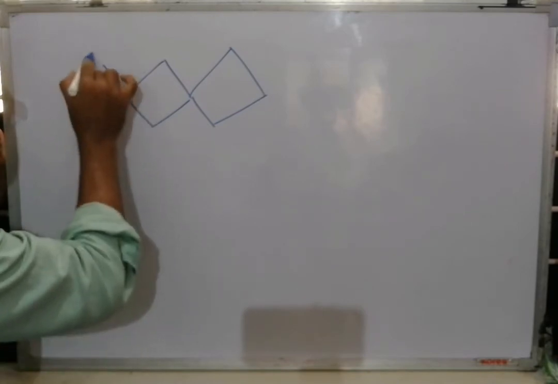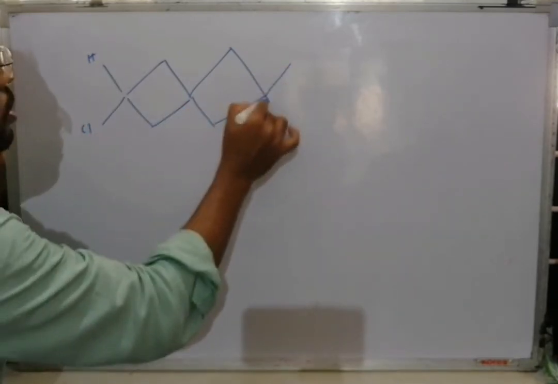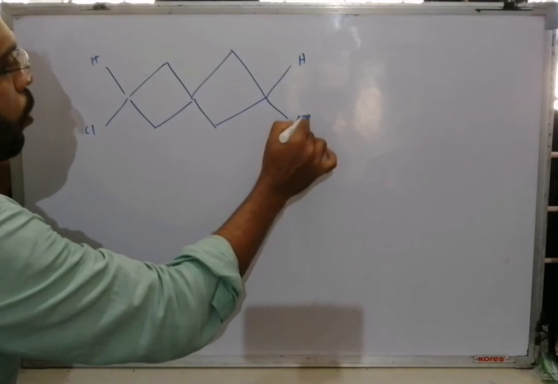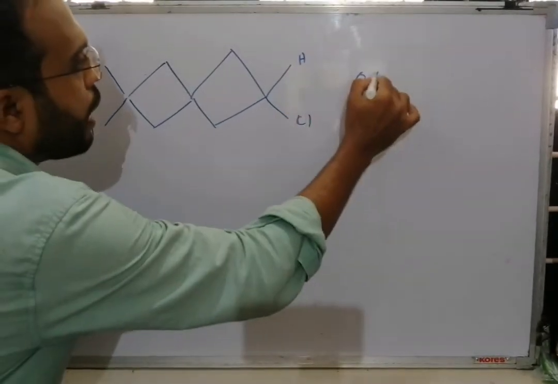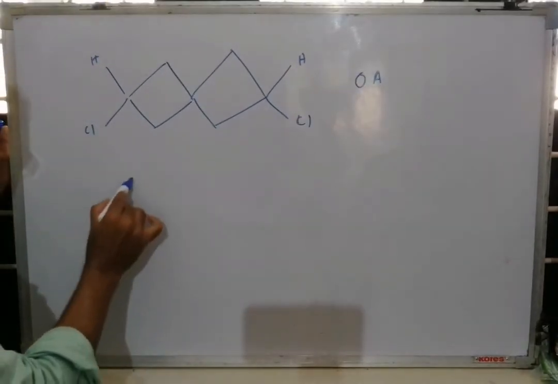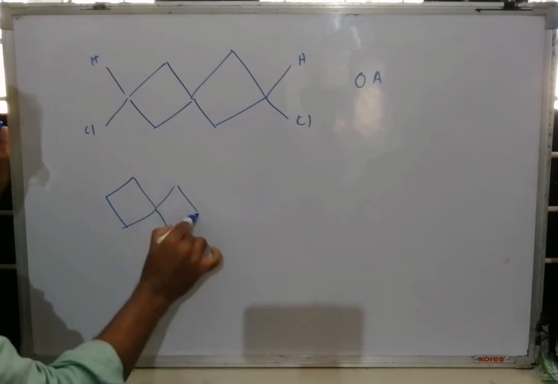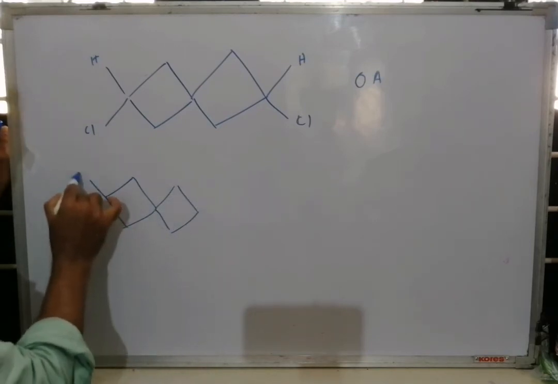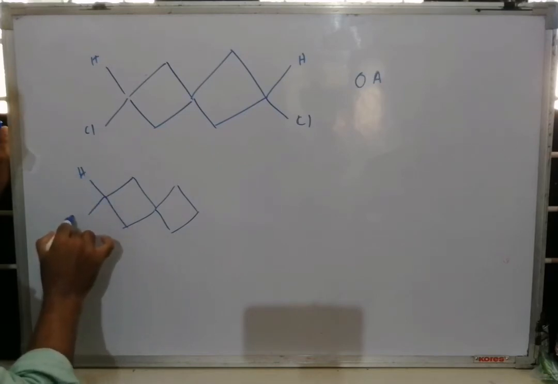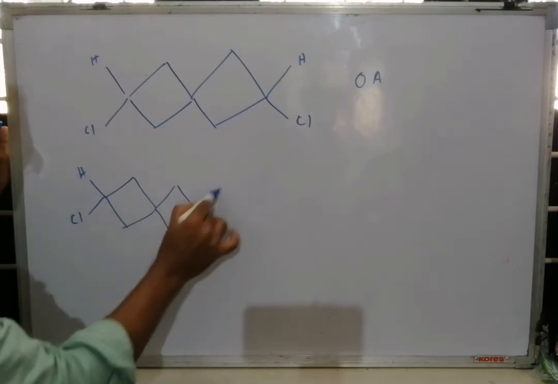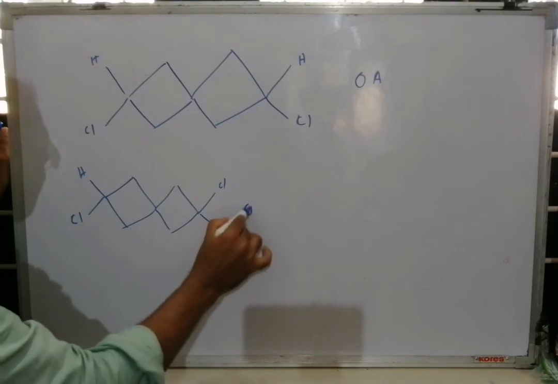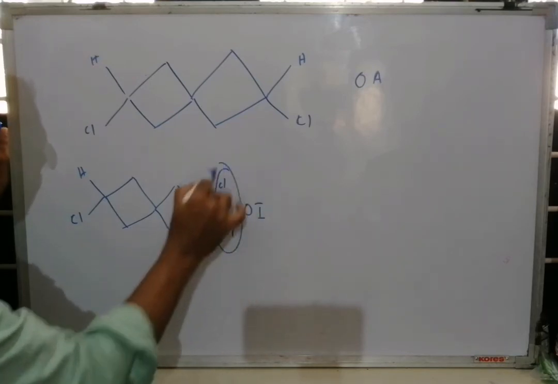You have two groups, H and Cl. Optically active. Now you have another molecule, with H and Cl. Optically inactive because these are the same.